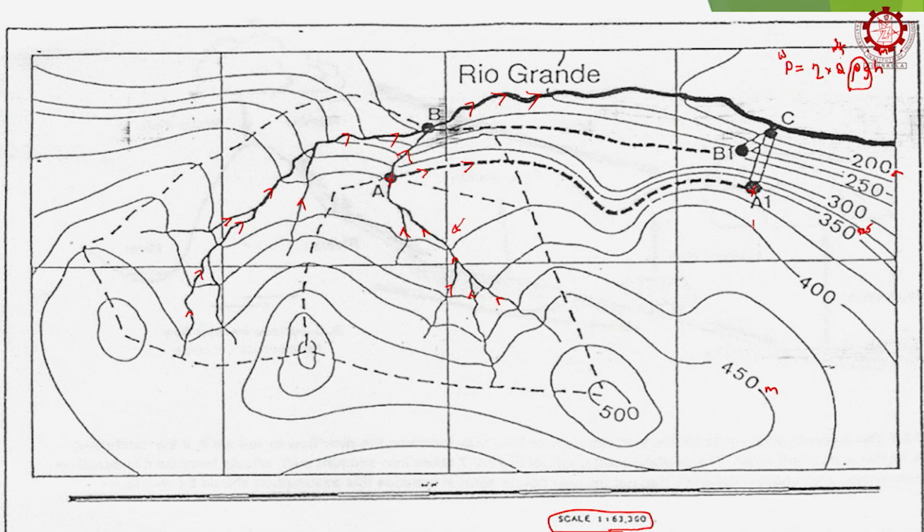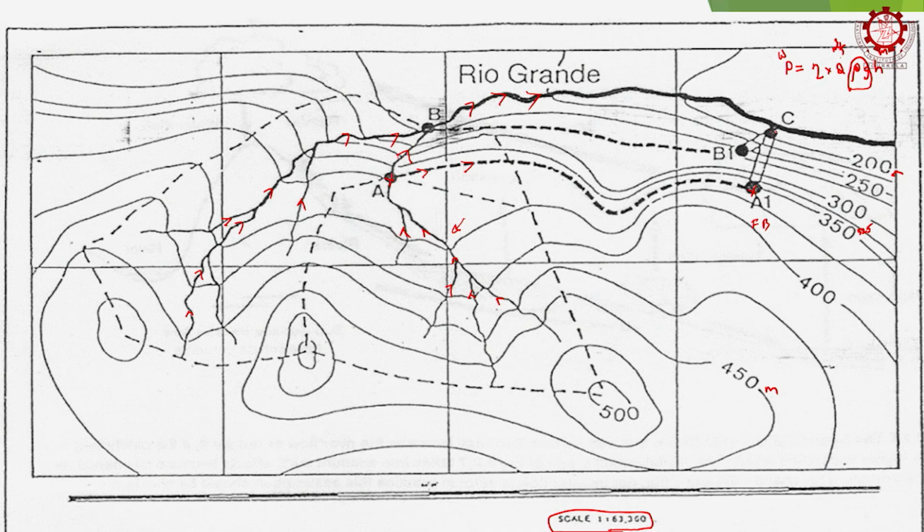So, here will be the forebay tank, right, the forebay tank that we looked at earlier, and then I will have my penstock from A1 to C. C is near the river, a little above the river level, so that the flood level is not exceeded, and at C we have the power plant, and that is the hydropower scheme.